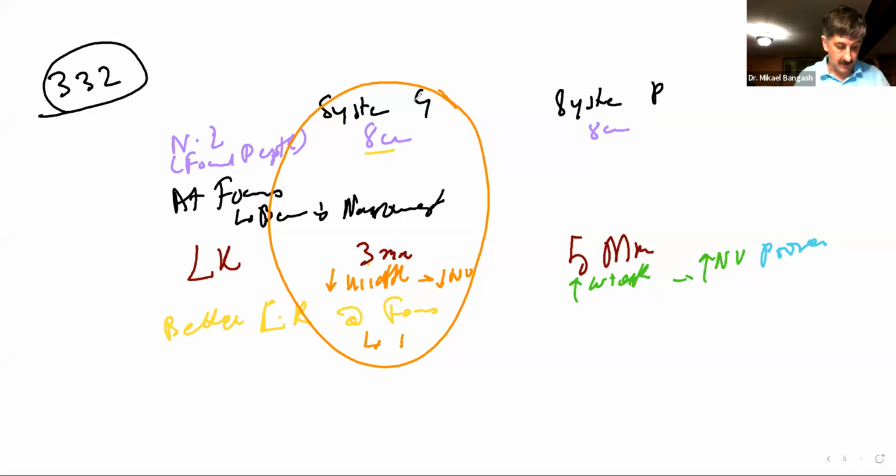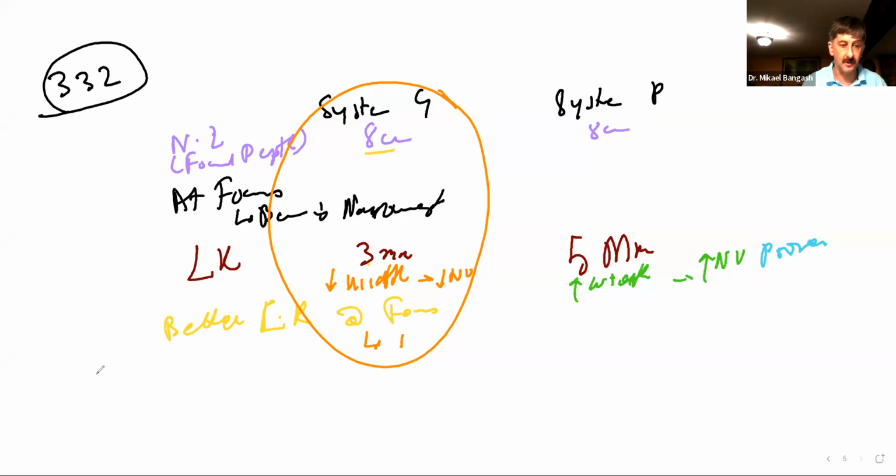Now, girls, they could have given us the same information: system focus at 8 centimeters, at the focus 3 millimeters wide, 5 millimeters wide. That's the information you've been given.